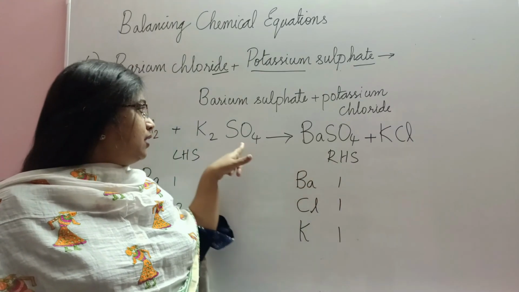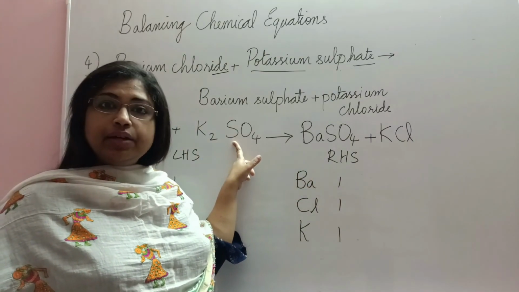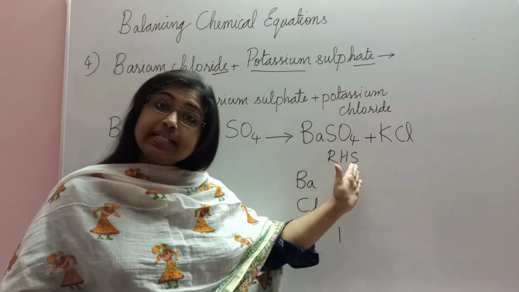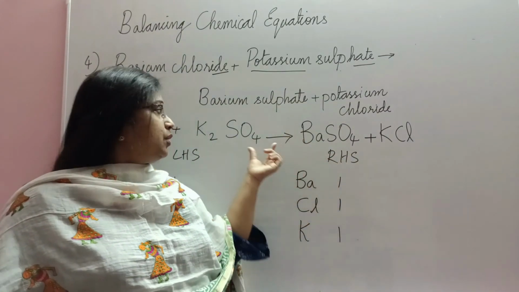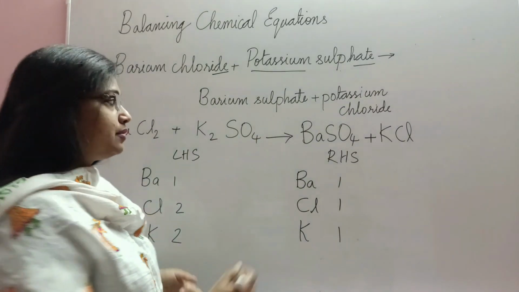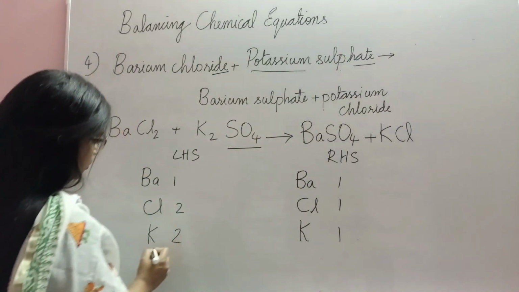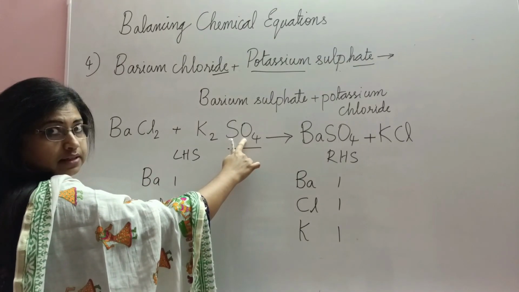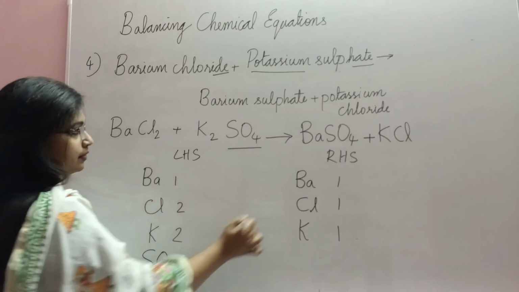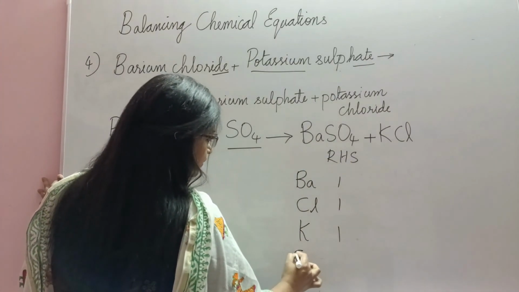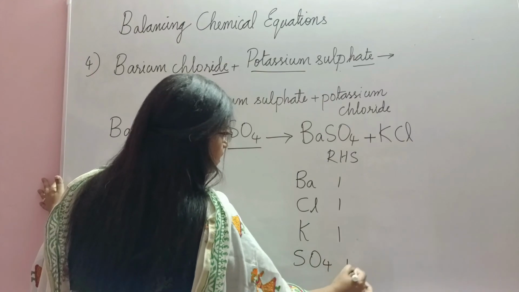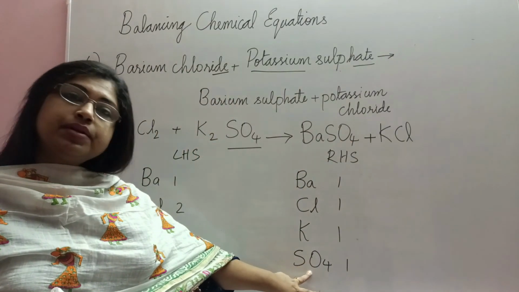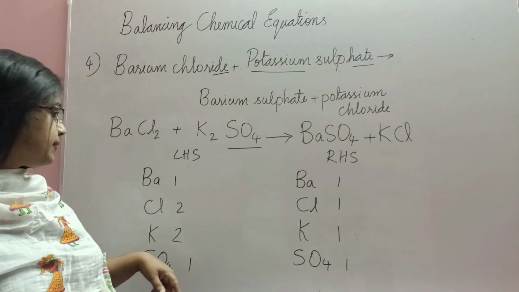If a polyatomic ion is present on both sides of the equation, then you can take them as a single unit. So, write it as sulfate. How many sulfate radicals are there? Only 1. Here also only 1 is there. Fine. Here the number of sulfate ions are balanced.